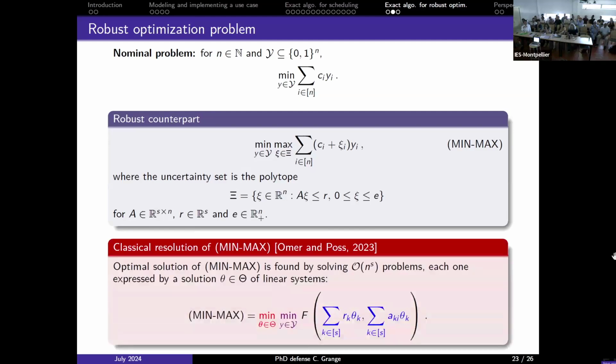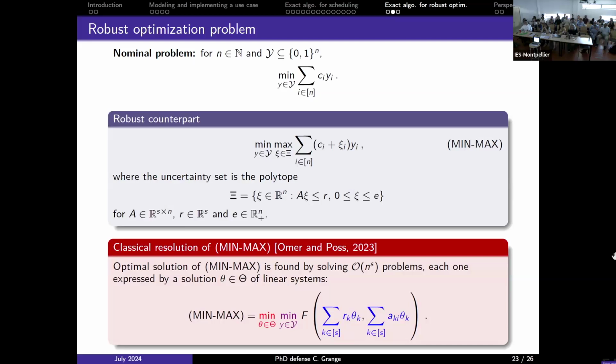So one of the classical resolutions of this problem is to solve a bunch of linear systems to define other problems on which we will apply the resolution of this initial problem. So I will explain it. We want to solve O of n to the power s problems, where s is one dimension of the polytope.